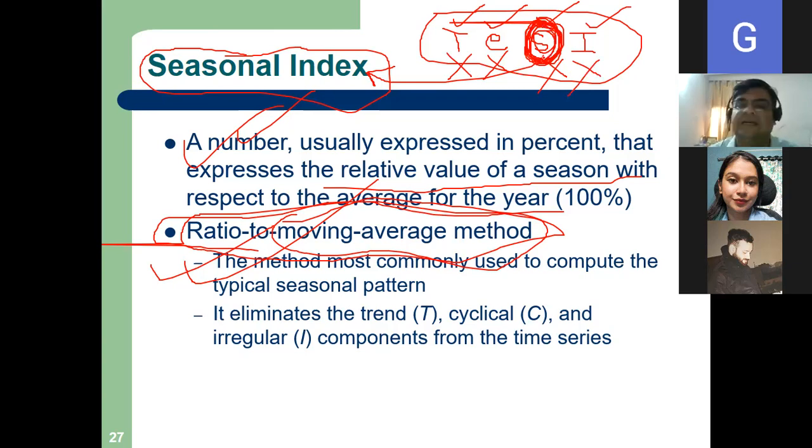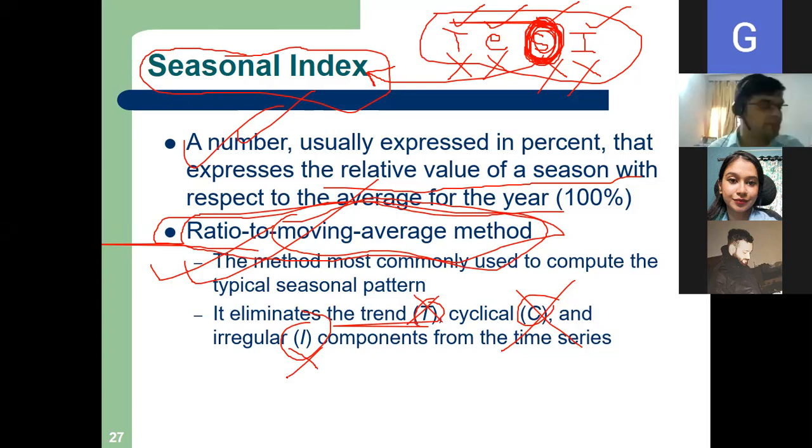After getting the index, we then try to make our data seasonality free, seasonal component free. So first, when we make the seasonal index, we eliminate all these 3: T, C, I. There are four components, TCSI, so we eliminate these three when we make the seasonal index, right? So the seasonal index is made. After getting the index, we then use this index to make the data seasonal variation free.